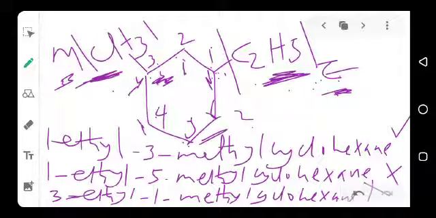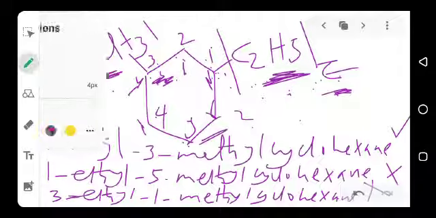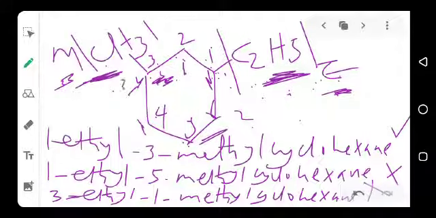So the correct name for this structure is what? 1 ethyl, because the ethyl is attached to carbon number 1. 1 ethyl 3 methyl, because the methyl is attached to carbon number 3.